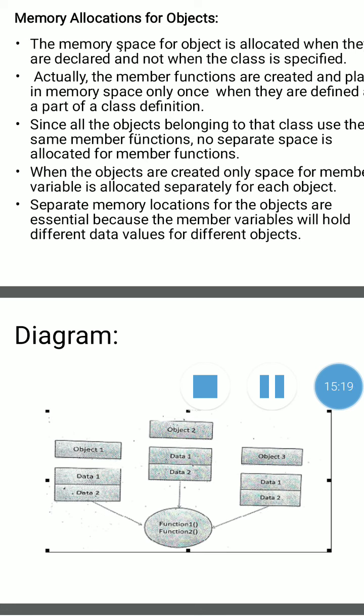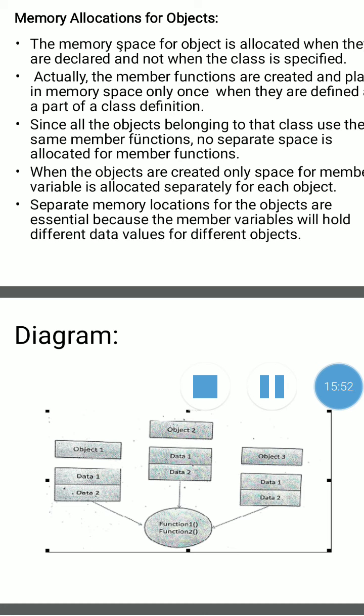Take another example. Class student has data members roll number, name and marks, and the functions get data and display data. If there are 60 students in our class, how many objects do we need to create? 60 objects, from object 1 to object 60.